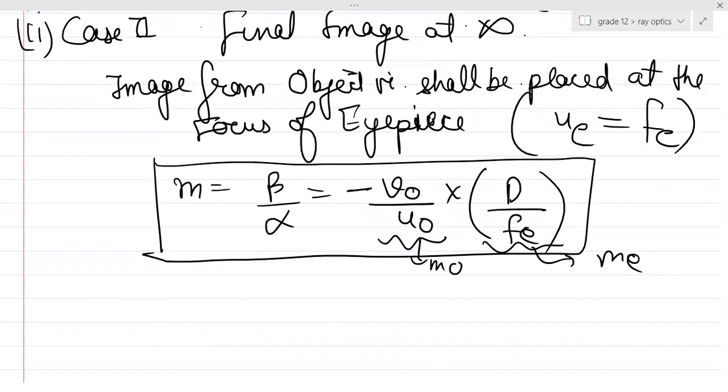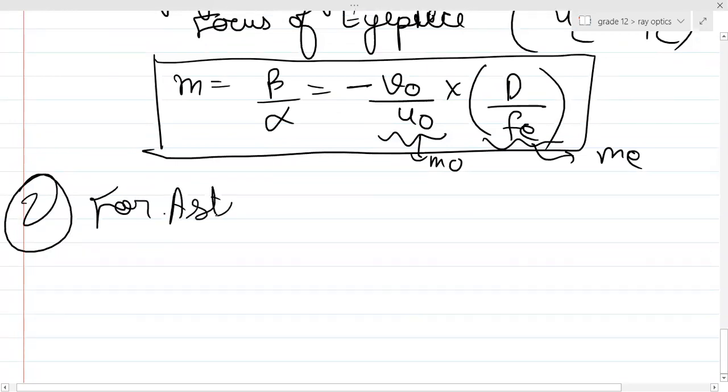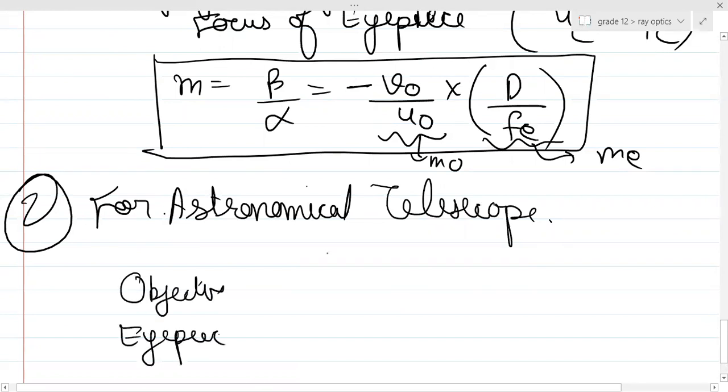And similarly, for the astronomical telescope, first let's talk about the objective and eyepiece. The aperture. What is the aperture, guys?